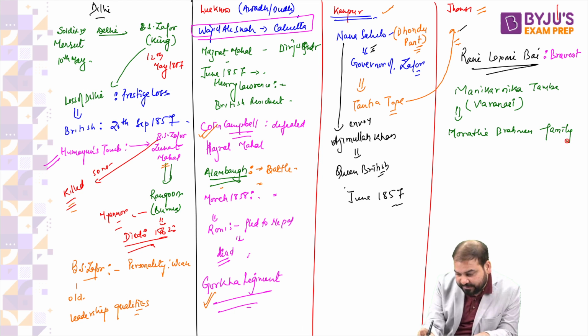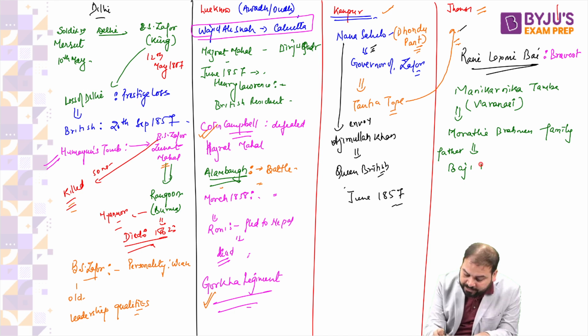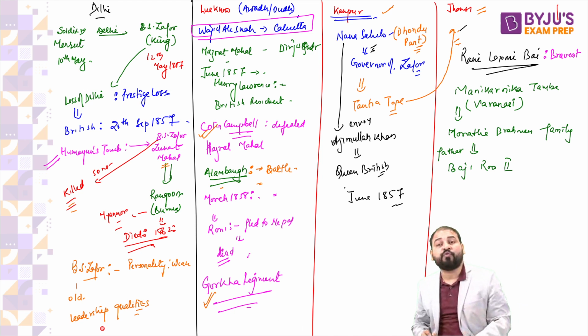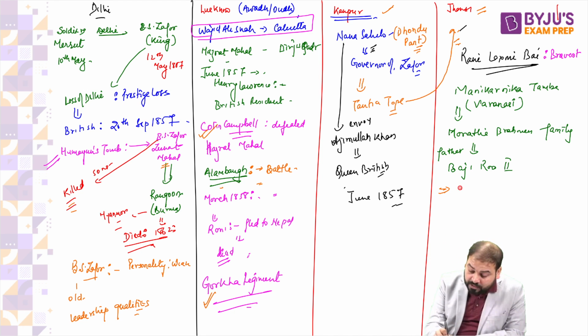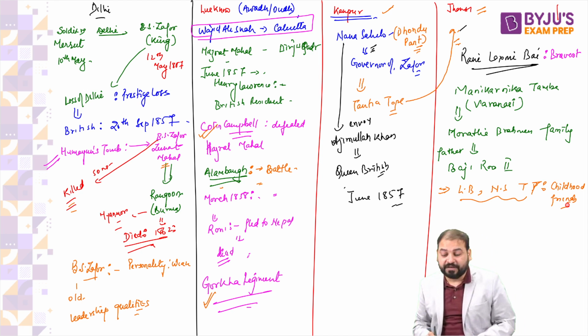Now, please understand, her father was working for Peshwa Baji Rao II. So for those who are asking, why is Nana Sahib helping Jhansi Rani? Lakshmi Bai, Nana Sahib, Tantia Tope, these three people were childhood friends. Everyone, am I clear?